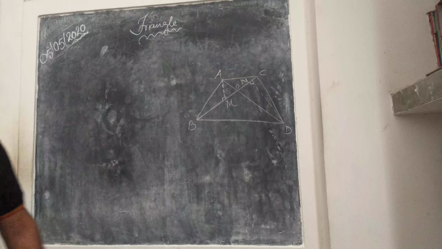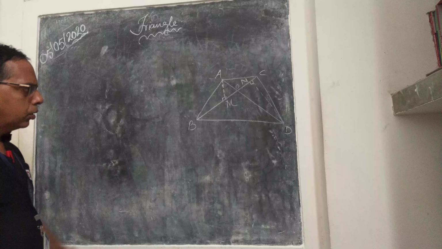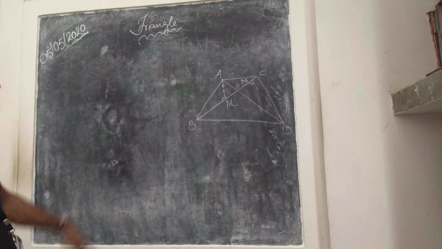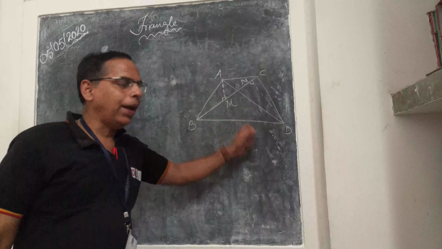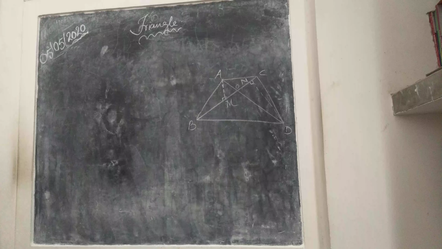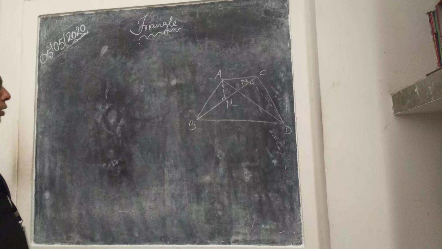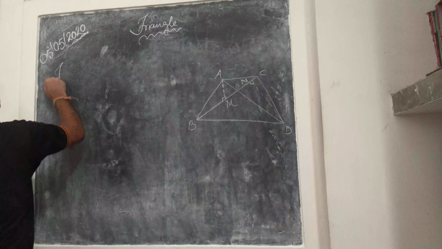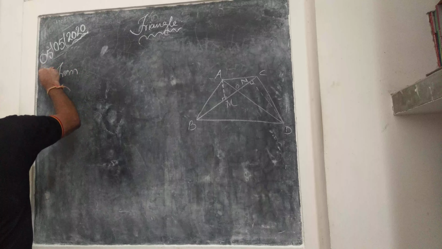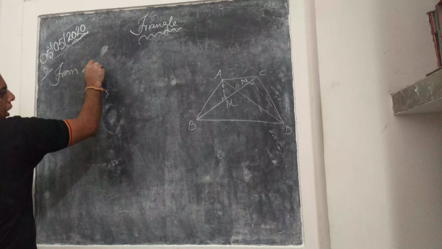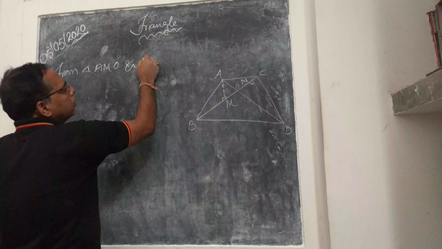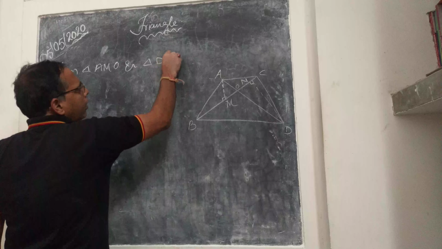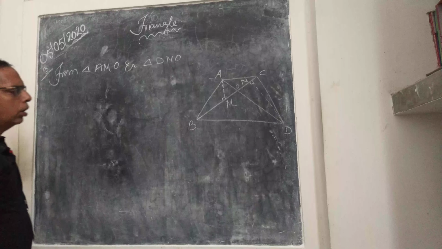First of all, you write down: from A and D, let us draw two altitudes AM and DN. Then you write, from triangle AMO and triangle DNO, what did we get?